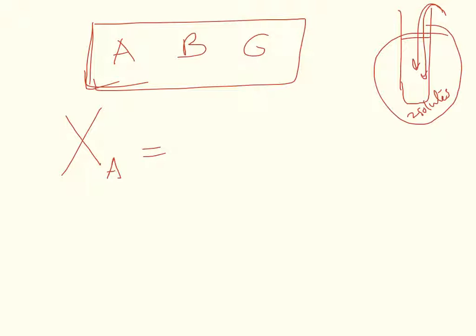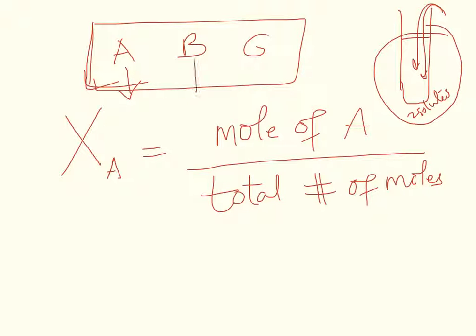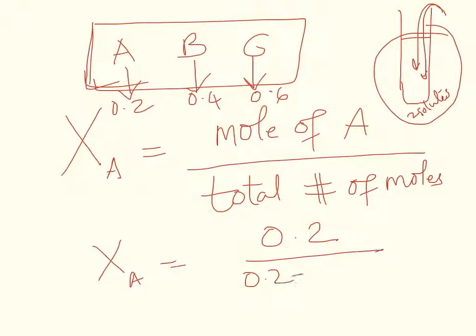Mole fraction of gas A would be number of moles of A divided by total number of moles. In other words, just as an example, if there were 0.2 moles of A, 0.4 moles of B and 0.6 moles of C, mole fraction of A would be 0.2 divided by 0.2 plus 0.4 plus 0.6.